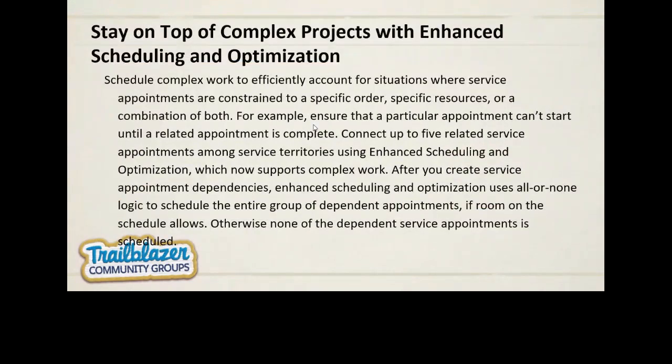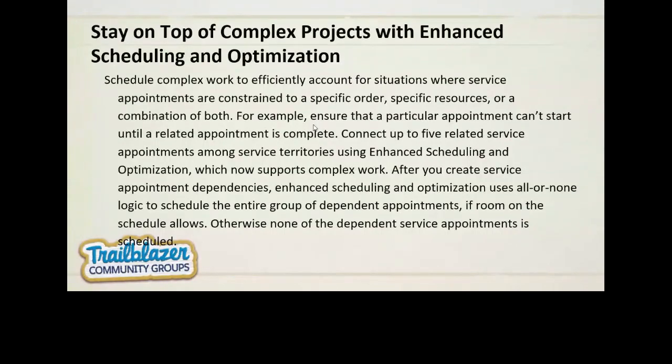The other thing with enhanced scheduling and optimization is that complex projects can be scheduled automatically as well. If there are multiple appointments you're scheduling, currently you can't make sure the service resource doesn't start the second appointment before the first one is completed.